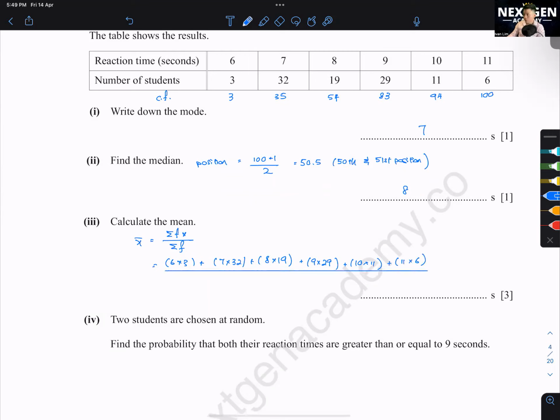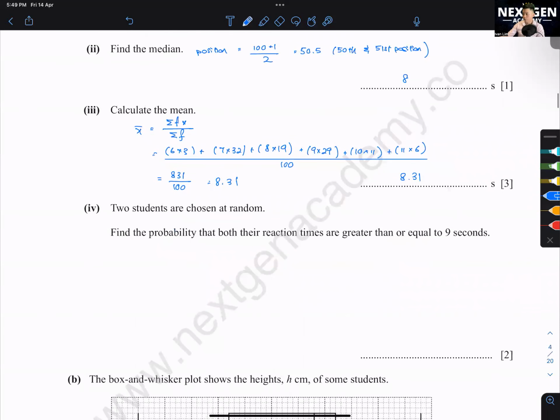Okay, over 100. Okay, please write down the working. And then double, triple check it. Because one value wrong, the entire thing wrong. Okay, so you get 831 over 100. Your final answer here will be 8.31.